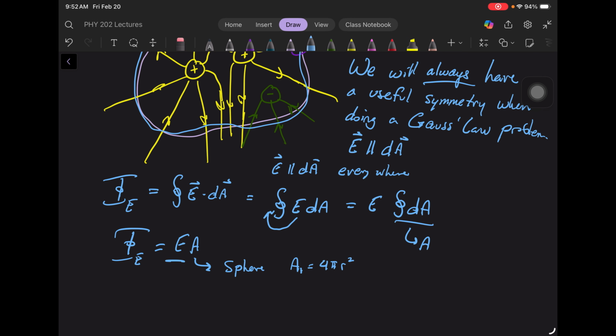We could also have a cylinder. And so here's where it starts to get a little tricky, because you only want the area that has the area vector parallel to the electric field.